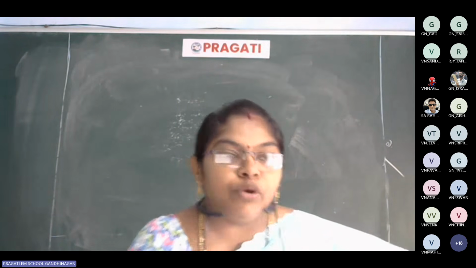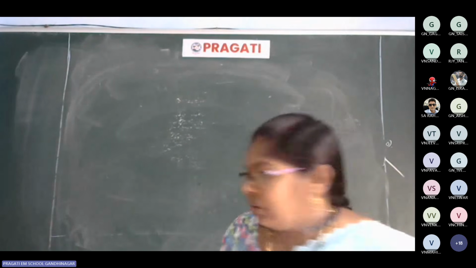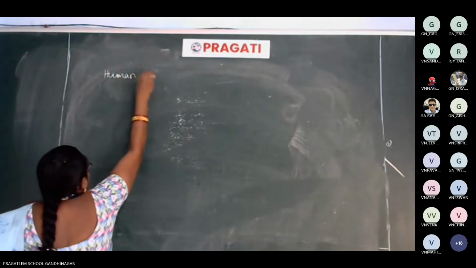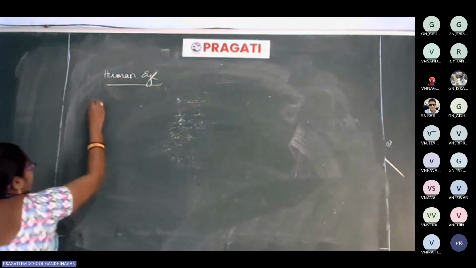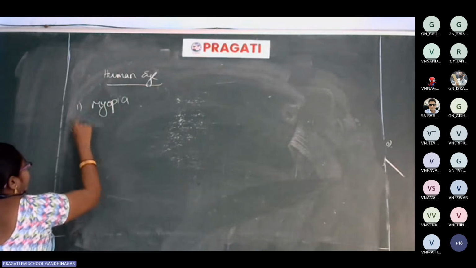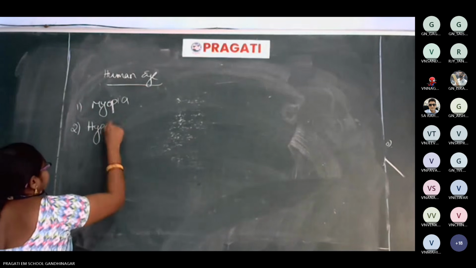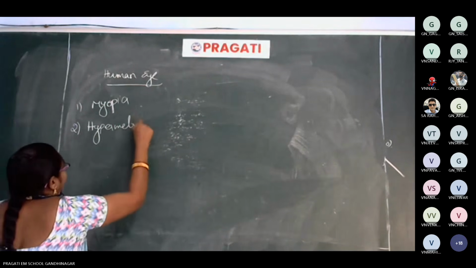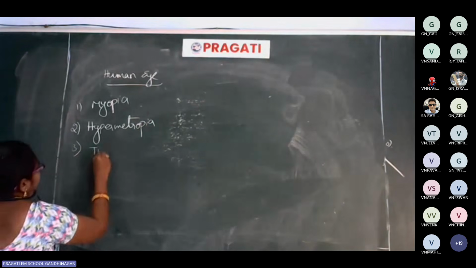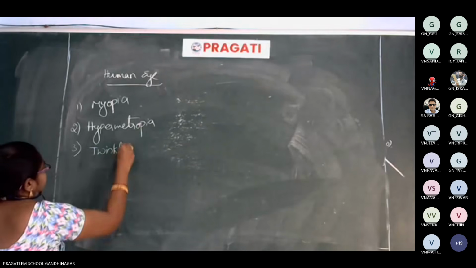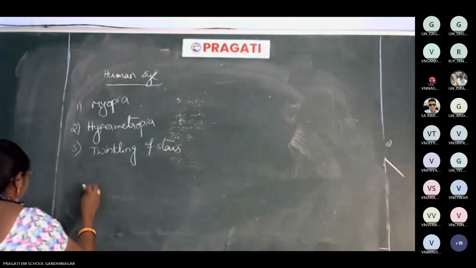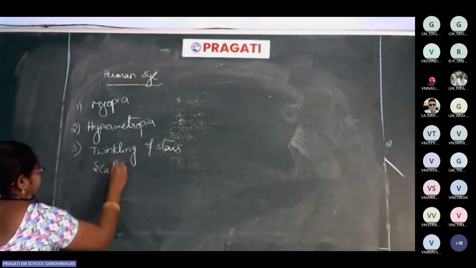See, children, from human eye: myopia, hypermetropia, and explain the following terms: twinkling of stars, scattering of light.